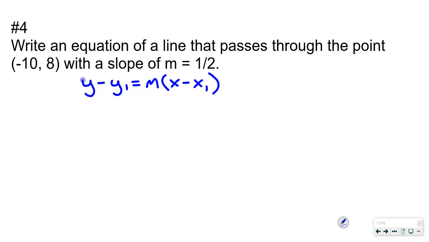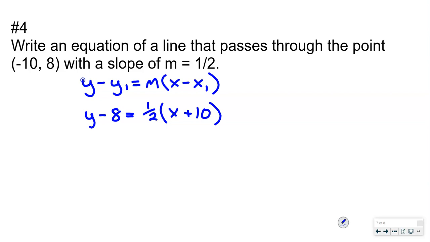We just need to plug in our point and plug in our slope. So we have y minus 8 equals 1/2 times x plus 10. I'm going to go ahead and switch that to a plus, but it would be x minus negative 10. Double negative makes a positive. That might just help when we get to distributing.